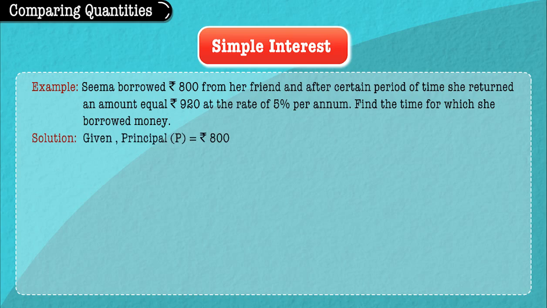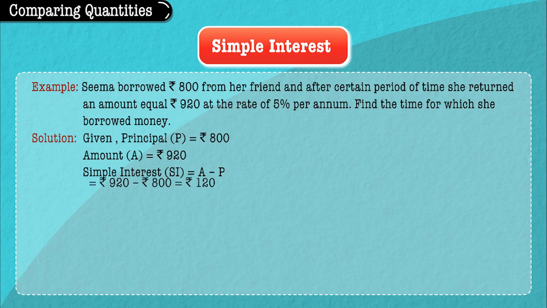Solution. It is given that principal, that is P, is equal to 800. Amount is equal to rupees 920. Simple interest, that is SI, is equal to A minus P, is equal to rupees 920 minus rupees 800, is equal to rupees 120.